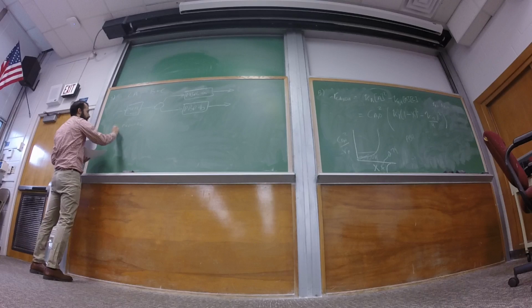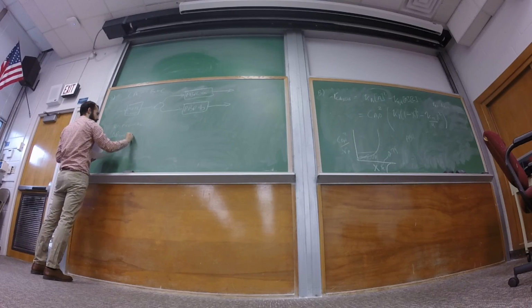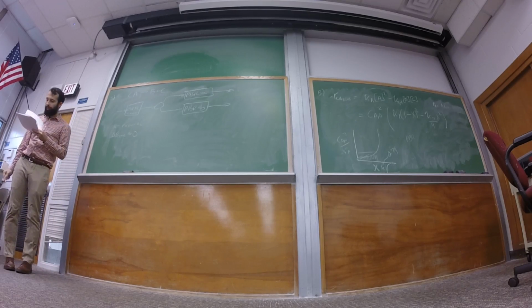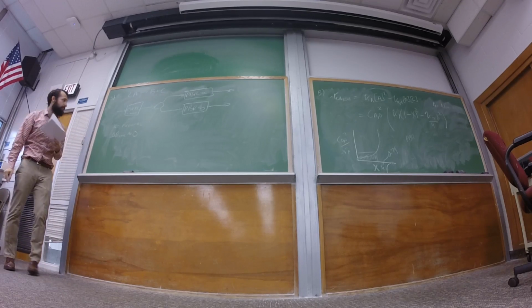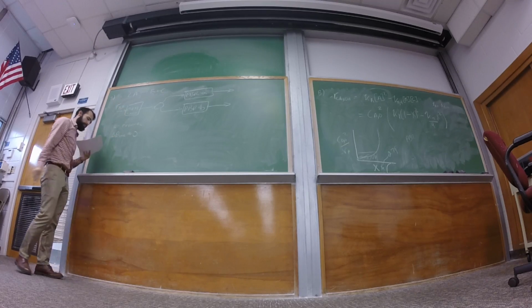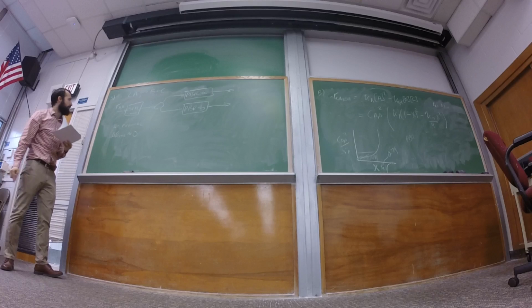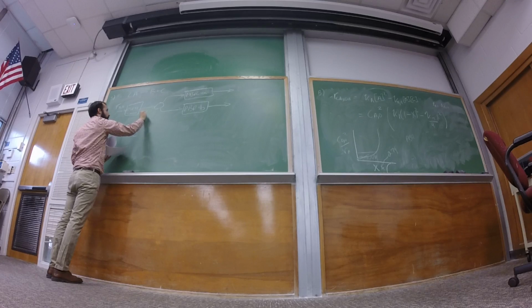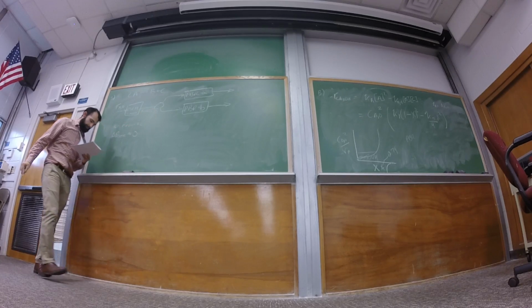Pressure drop in the CSTR is negligible. Pure A is fed to the CSTR at a flow rate FA naught. And the CSTR achieves 30% conversion.